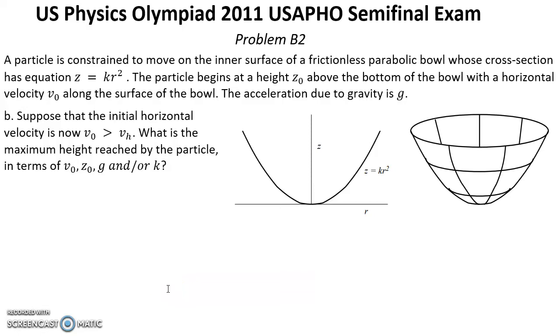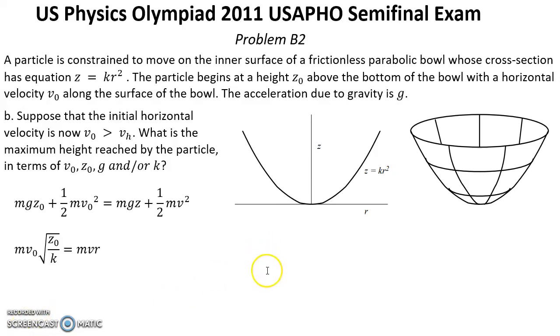So first, let's write the equation for energy conservation. At height z0, we have mg z0 plus 1/2 m v0 squared, equal to the same thing at point z: potential energy mgz plus kinetic energy 1/2 mv squared. On the other hand, we have angular momentum conservation.